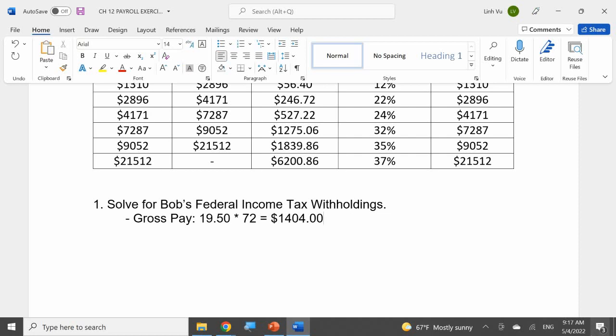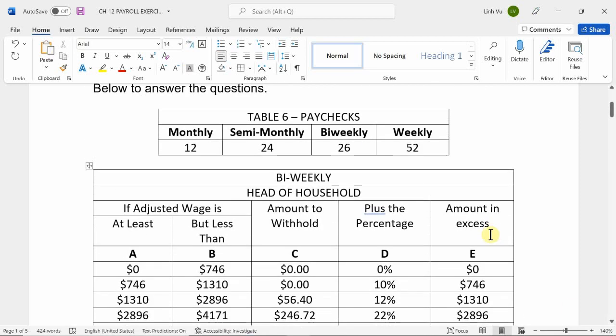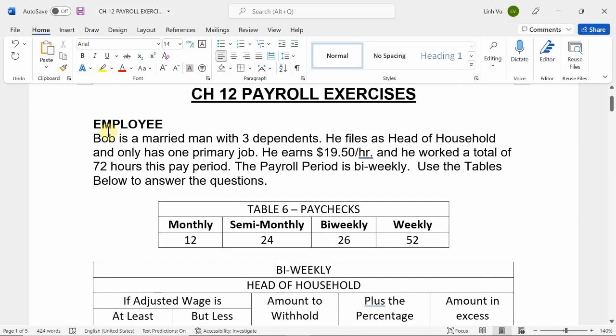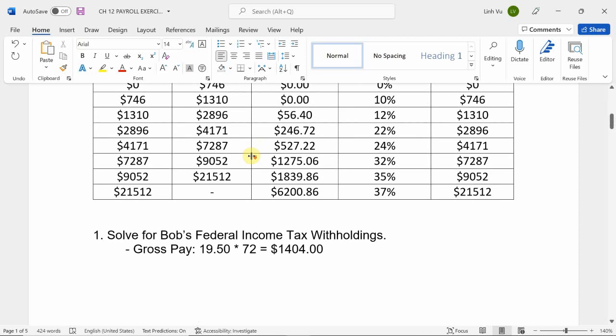Now I'm going to keep it sweet and simple. Step 2 says, any other extra income? In this case, no. He filed as head of household, which is different than filing as married filing jointly. So therefore, there is no other extra income, and there's only one primary job. So step 2, adding any other extra earnings or extra income, is going to be 0, right?